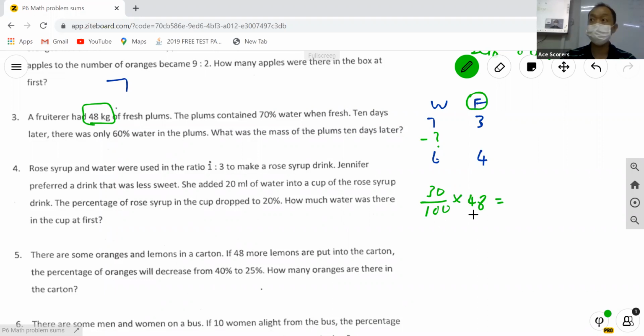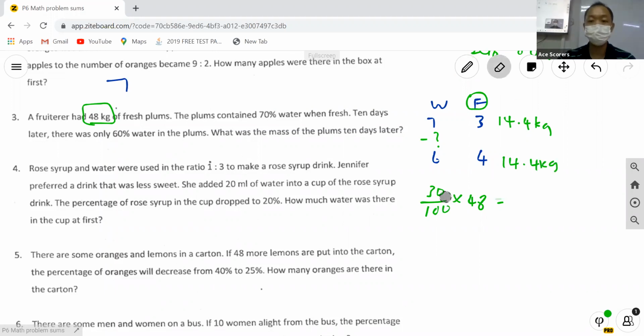Let me borrow a calculator. 14.4 kilogram. That means afterwards, it should still be 14.4 kilogram because the mass did not change.